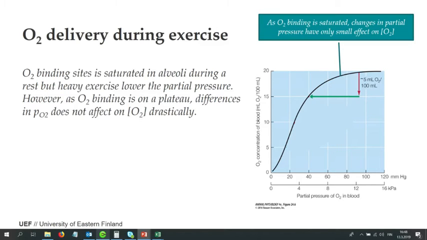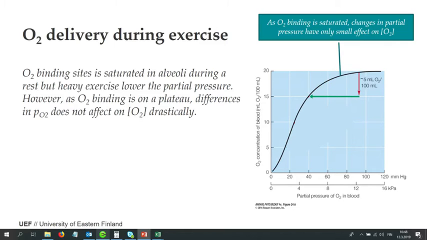So even the small changes in the partial pressure are only minimally affecting the oxygen concentration in the blood. So it's still quite much all the binding sites can be occupied even when the partial pressure is decreased.